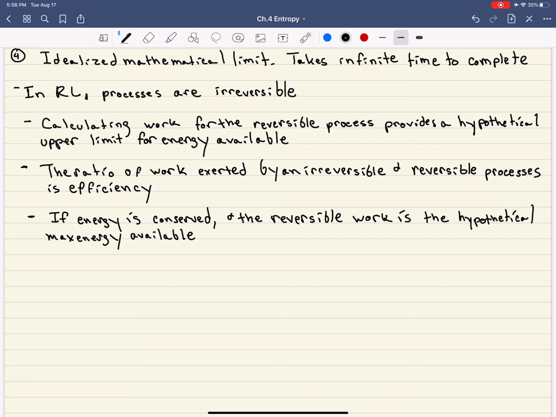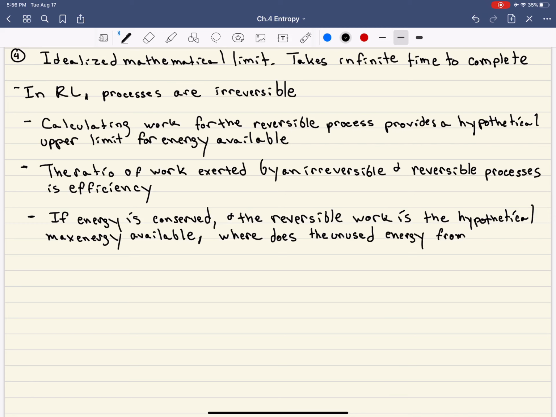Whenever we undergo an irreversible process, we're essentially not using all the energy that's available in our system. Okay? And so that begs the question, if we're not being 100% efficient, and we're not using all the energy available from our system, where's all that extra energy going?